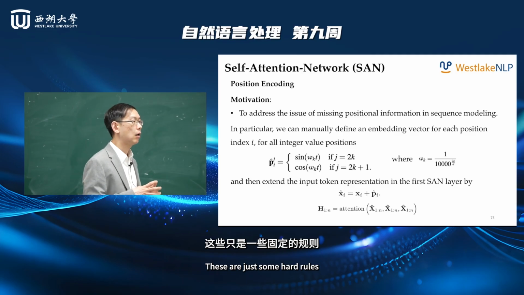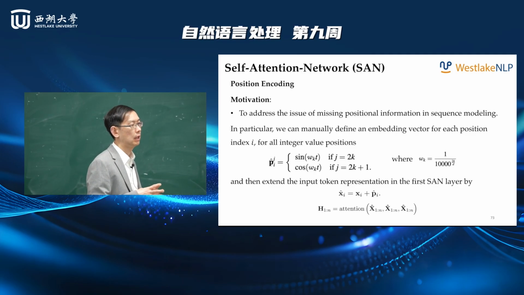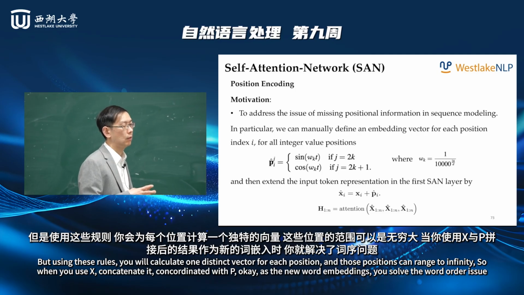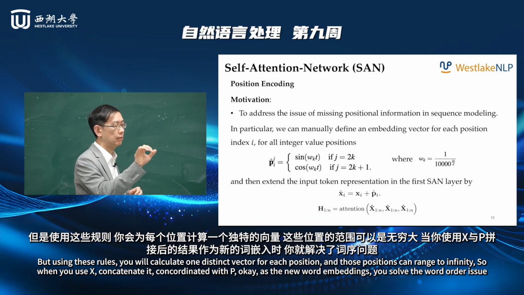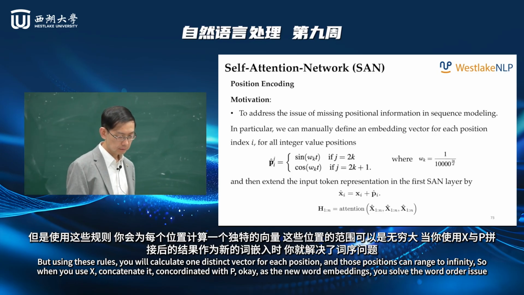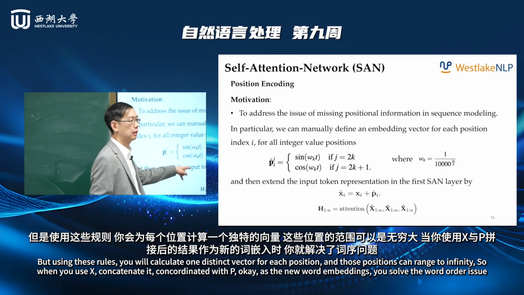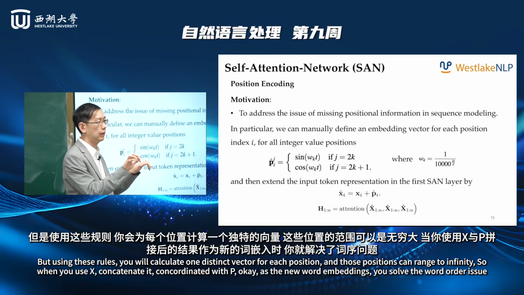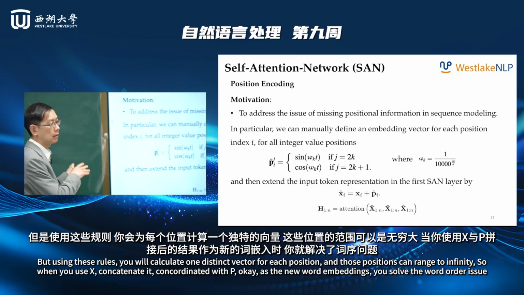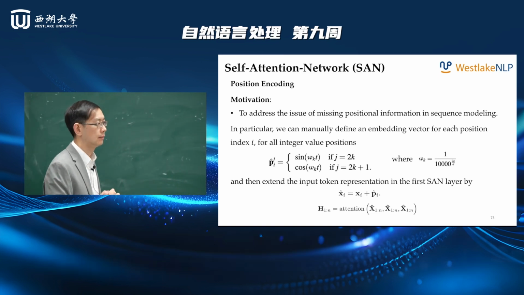These are just some hard rules. I don't have to explain them. But using these rules, you will calculate one distinct vector for each position. And those positions can range to infinity. So when you use X concatenated with P as the new word embeddings, you solve the word order issue.